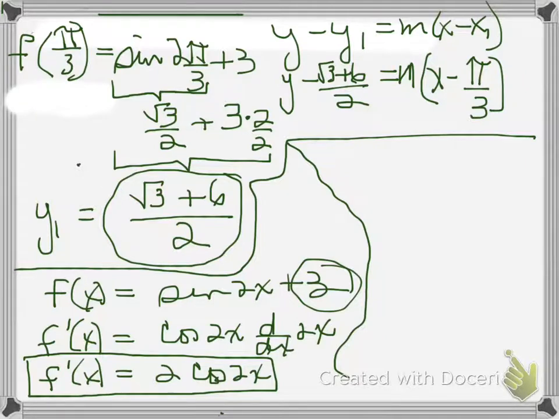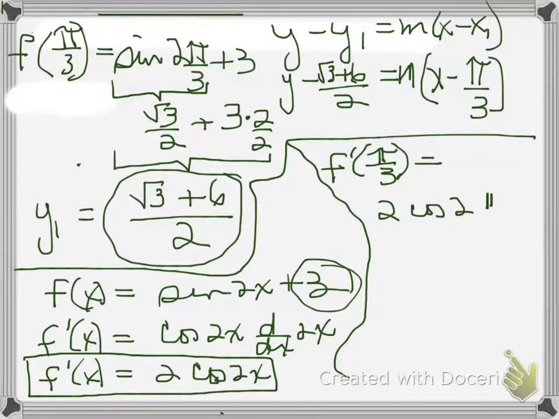What is f prime of pi over 3? Just plugging it in, it's going to be 2 times cosine of 2 times pi over 3.